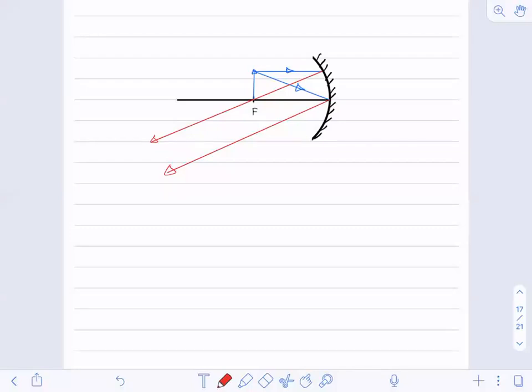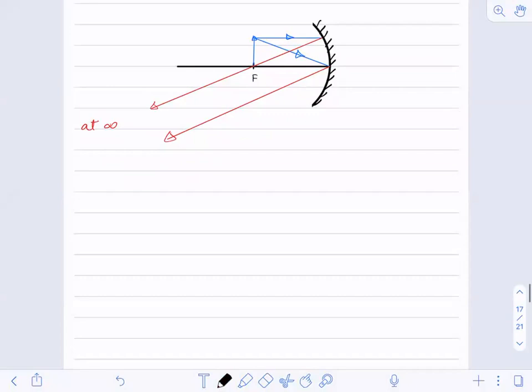So we can say that they will meet only at infinity. You would have understood that two parallel rays meet at infinity. Okay.